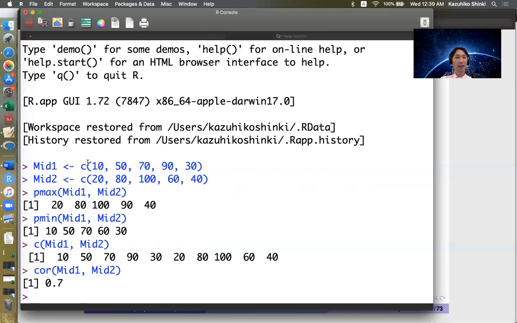For example, the first student gets the lowest score, but actually the midterm 2 also is the lowest score. And the third student, the 70 is relatively a good score, the second best among 5 students, and actually the midterm 2 score is 100.